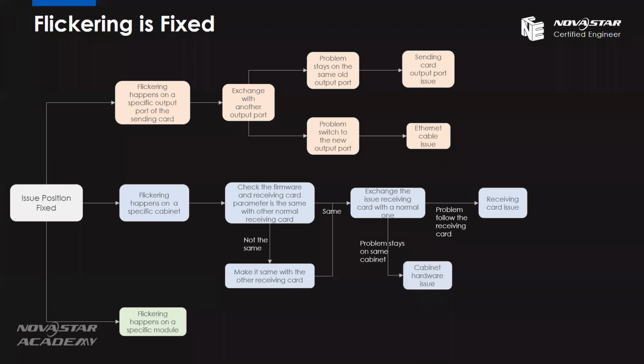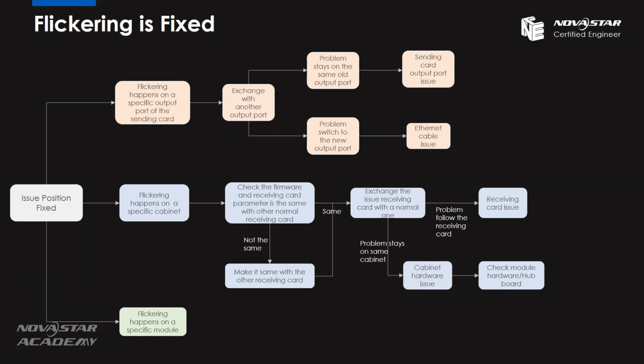And if the problem stays on the same cabinet, which means even when I replace the receiving card the flickering is still there, we can confirm the problem is on the cabinet. It could be a cabinet hardware issue. Then we can check the module hardware, or we can check the hub board.